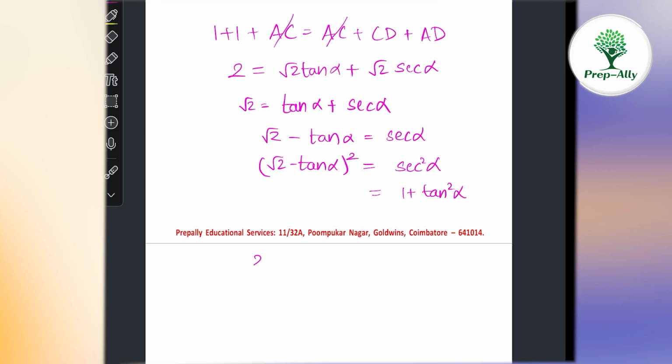So we have 2 plus tan squared alpha minus 2 root 2 tan alpha equals 1 plus tan square alpha, right? So this gets cancelled, and we have tan alpha equals 1 by 2 root 2.